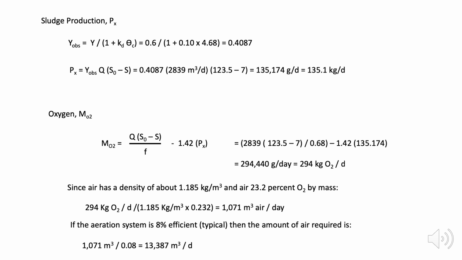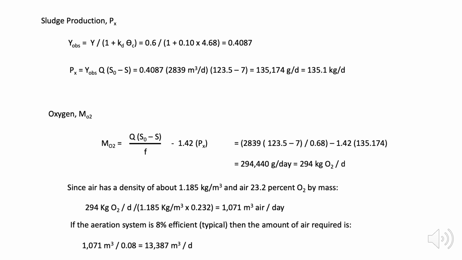So if I assume that my aeration system's 8% efficient, we can divide that 1,071 cubic meters of air by 0.08 and see that it's going to take about 13,387 cubic meters of air per day to be blown through our aeration system.